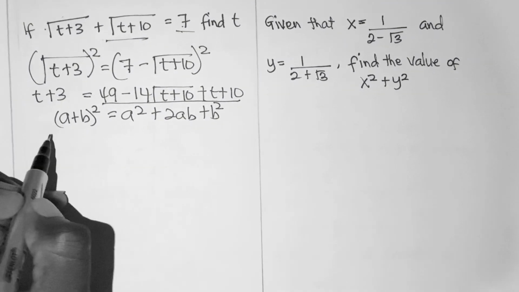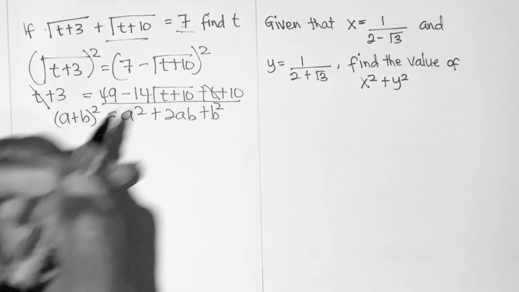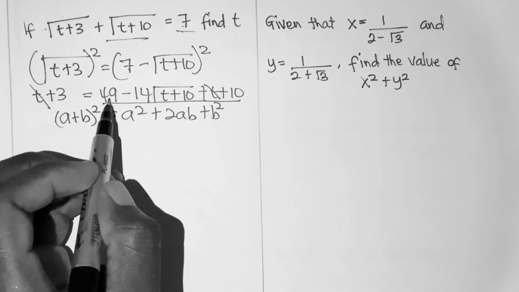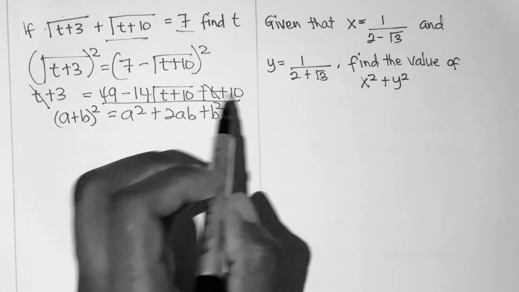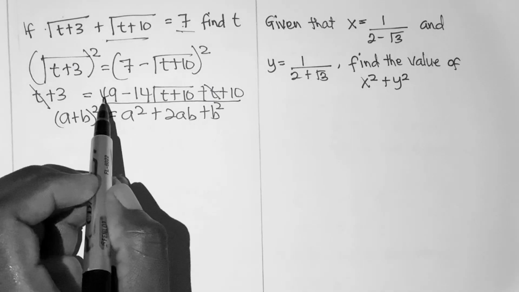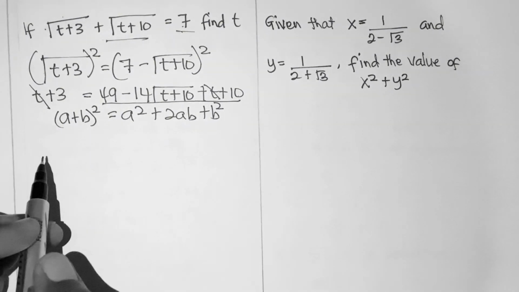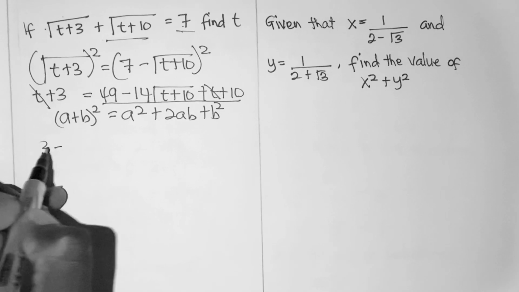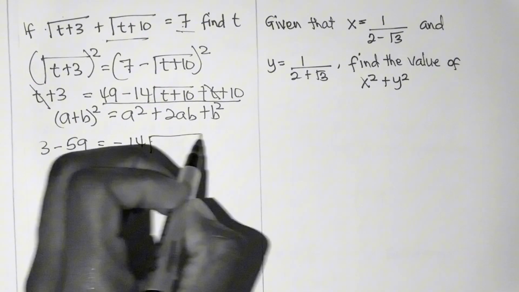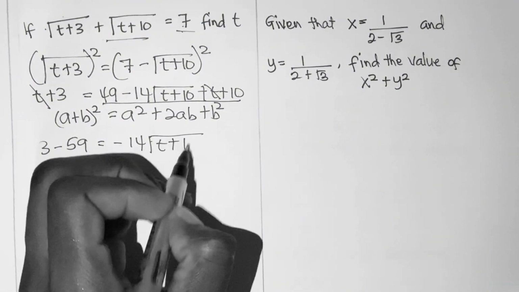So now, you see that this t and this t can cancel out. And then we can take 49 and 10 to the left hand side. However, 49 plus 10 is 59. So 3 minus 59 is equal to minus 14 square root of t plus 10.